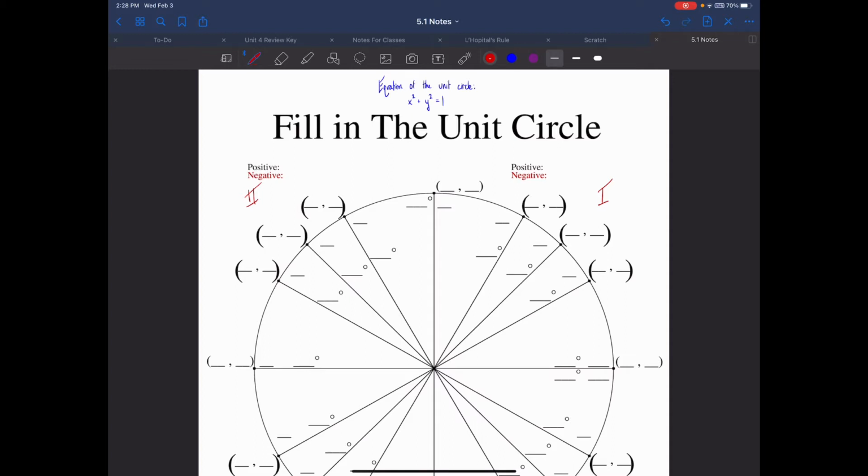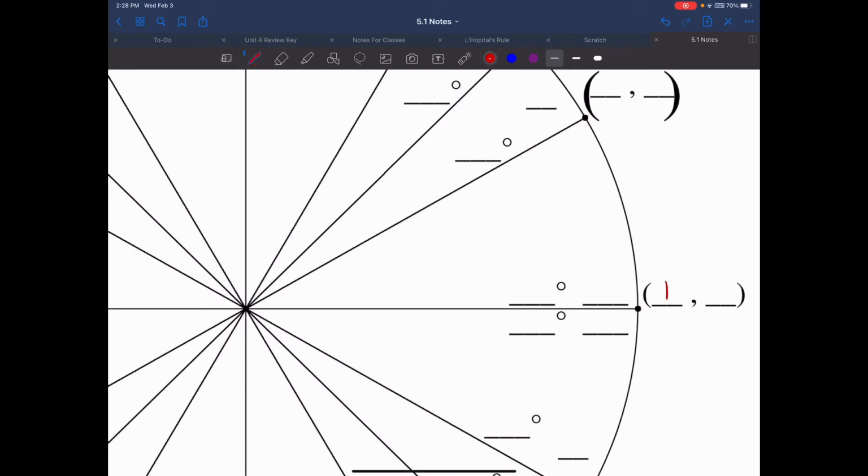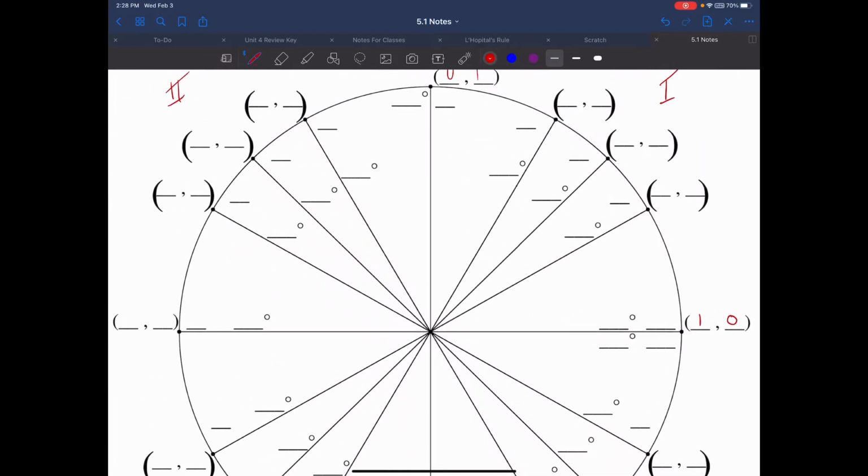If I am at the top of the circle, this is the coordinate 0, 1. So it's up 1 unit, no units left to right. The coordinate here would be 1, 0. It's 1 unit over and no vertical movement. The other values aren't as easy.